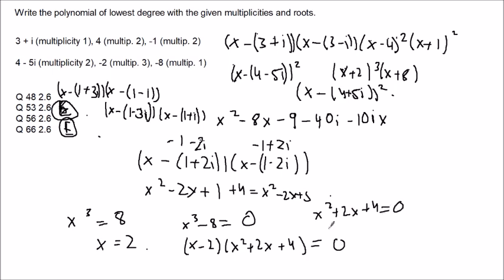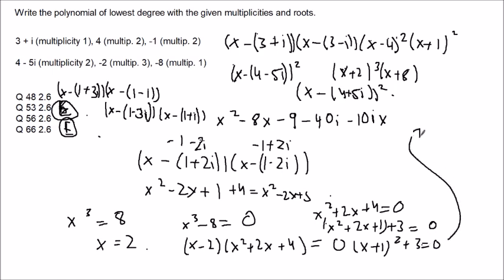And we can do this by completing the square. We'll have x squared plus 2x plus 1 plus 3 is equal to 0. I don't like the quadratic formula most of the time. So x plus 1 squared plus 3 is equal to 0. So then your final result is minus 1 plus or minus square root of minus 3, which is equal to minus 1 plus or minus i square root of 3.